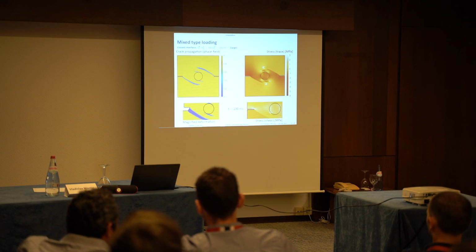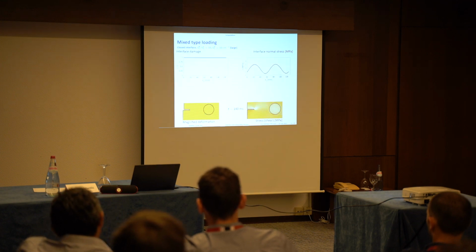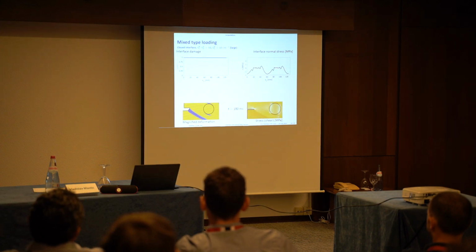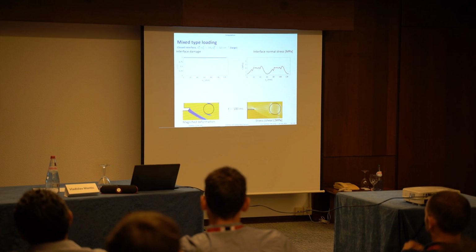It's in the same way as before. Again, we can see it on the interface, but there is no interface damage. Only the stress that appears decreases, because the material is exactly at the interface, but in the bulk the material degraded.